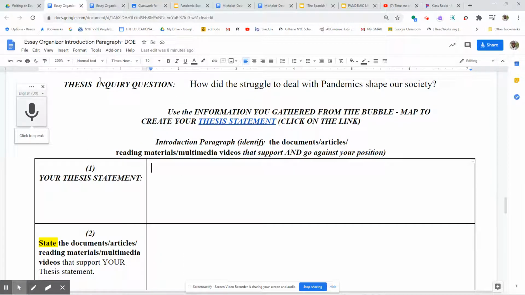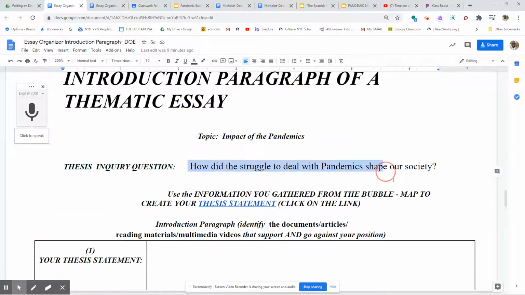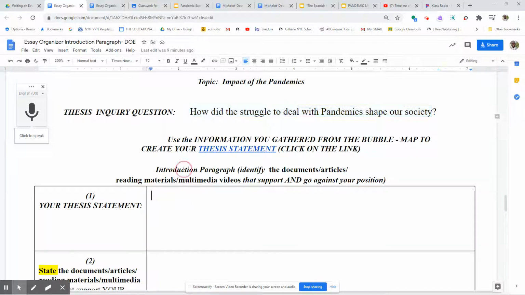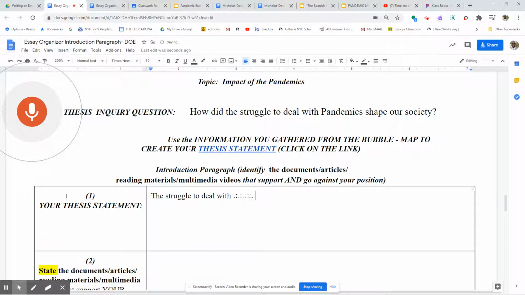So the inquiry question is, how did the struggle to deal with pandemics shape our society? As we mentioned in the previous video about the introductory paragraph, I'm going to restate the question in my thesis statement. So let me do that now. The struggle to deal with pandemics shaped our society for the better, period.